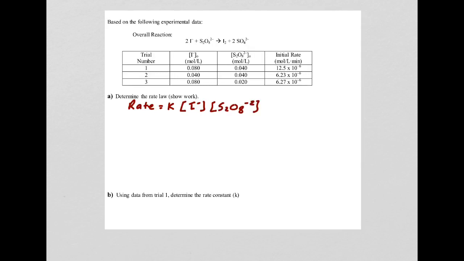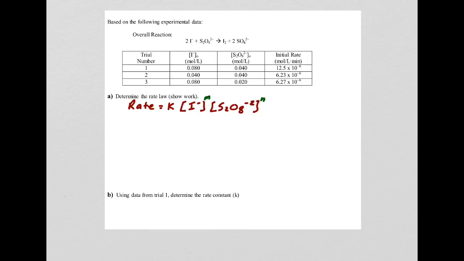So rate is equal to the rate constant times the concentration of the reactants. Now, what do I need to figure out? I need to figure out the orders. What is the order of I minus? What is the order of S2O8 minus 2?